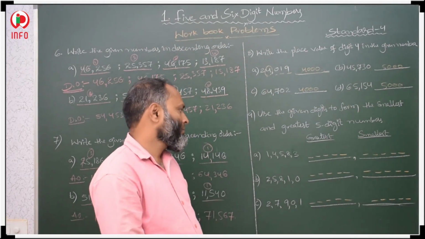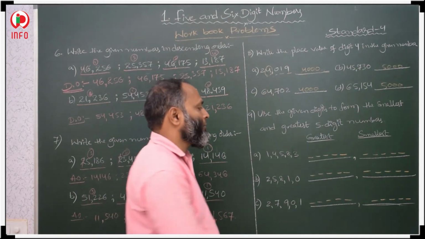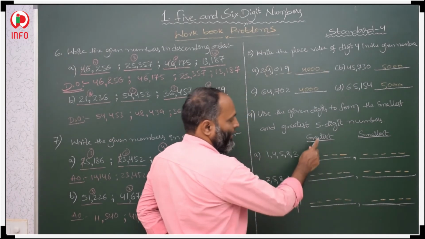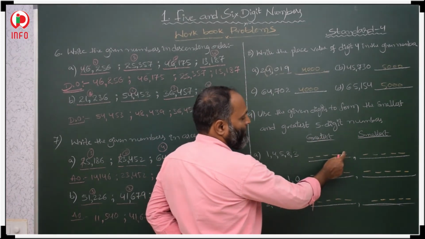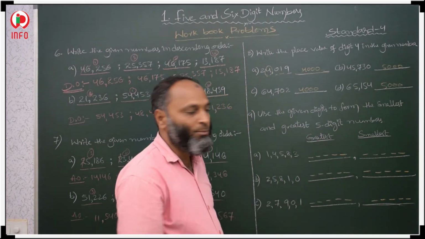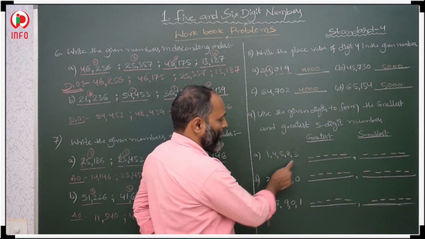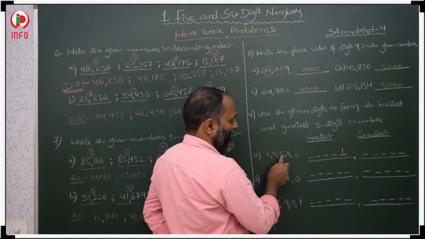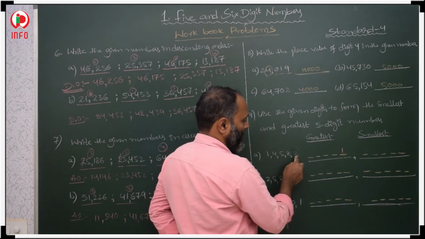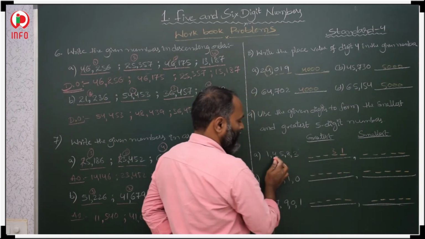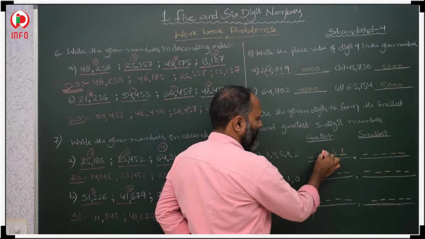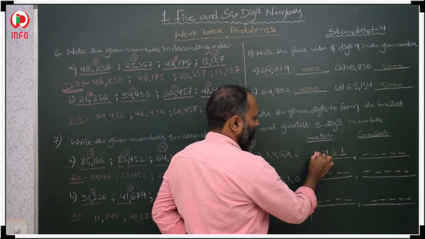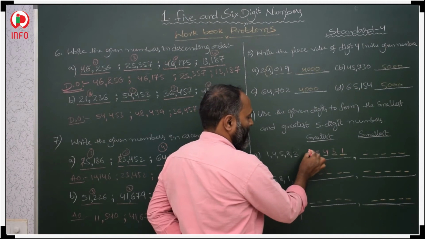See here. First, for the greatest number, we take the greater digit in the ones place. When forming the greater number, we have to start from the smaller number. What is the smallest in these? 1, we take that here. And again the smaller, which one is smaller? 3, then 4, then 5.